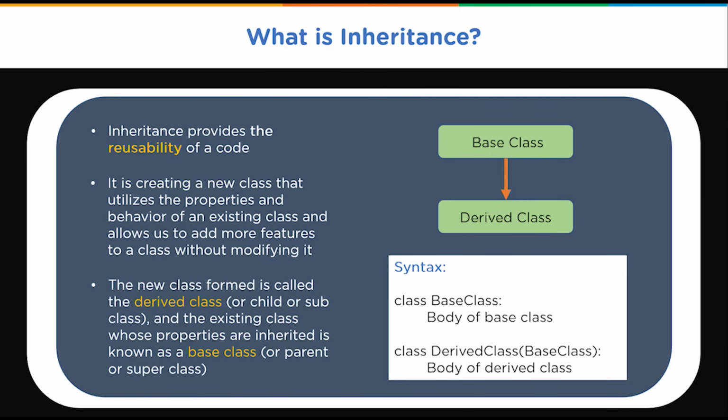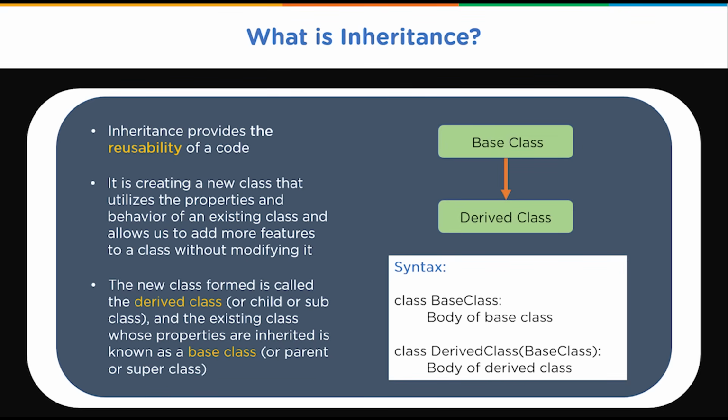Now, the new class formed is called the derived class or the child class. You can call it anything: derived, child or subclass. And the existing class whose properties are inherited is known as the base class, parent or superclass. These are synonymous. So anywhere you hear that you're working on a child class or derived class, you can easily figure out that you're talking about a derived class.